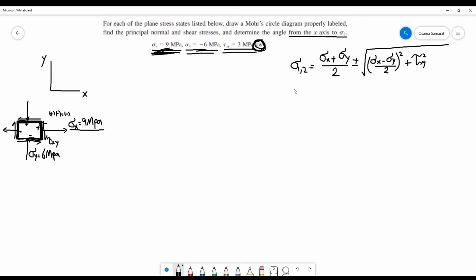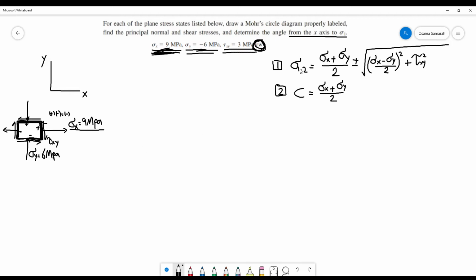And one important formula we have to use is C, the center of Mohr's circle, which is equal to sigma x plus sigma y over 2. So these are the important formulas we have to use to draw Mohr's circle.